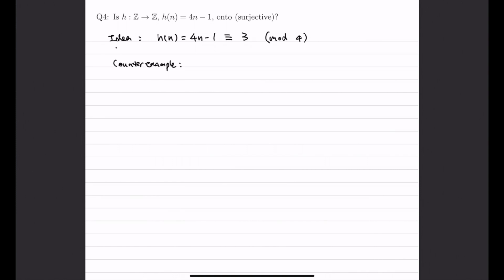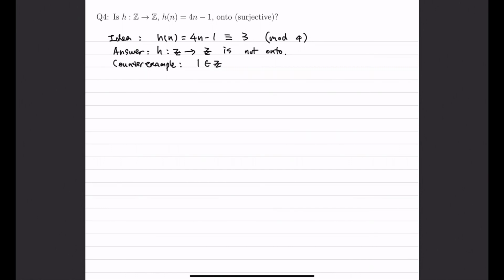So first I will answer: h is not onto, and the counterexample is given by 1.